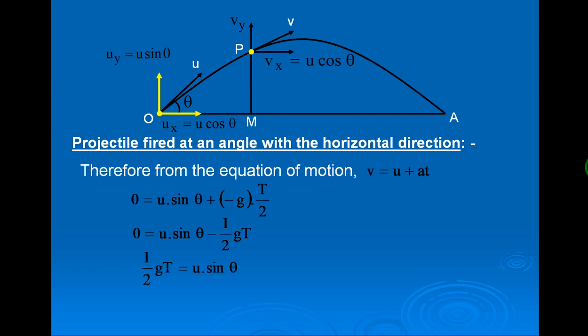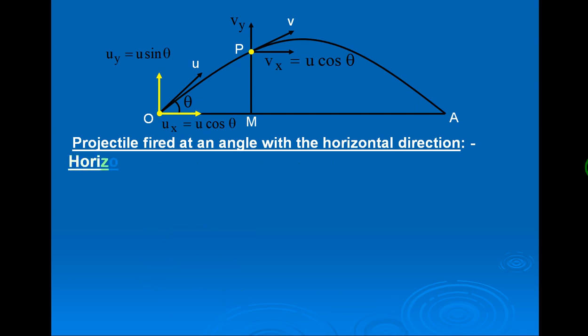We get half g into capital T is equal to u sin theta, or capital T is equal to 2u sin theta upon g. This is again the same result to find the time of flight. This is equation number 4.